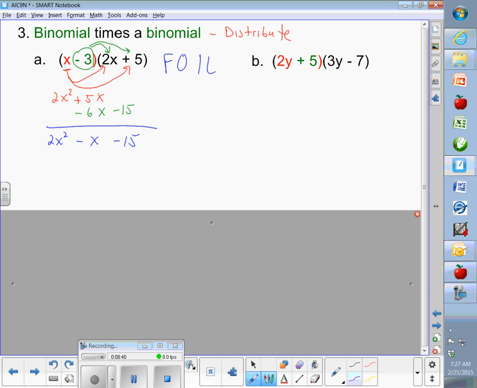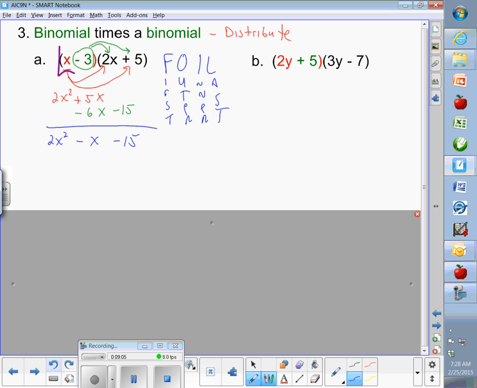FOIL stands for first, outer, inner, and last. That's what it stands for. So if you look at the original, don't do this in your notes because you'll just make it a mess, but first times first. Isn't that what we did? x times a 2x. Isn't that the first thing we did? So there's the first.